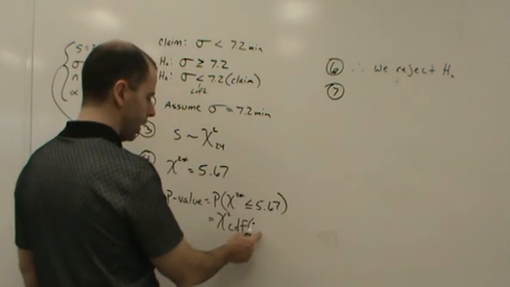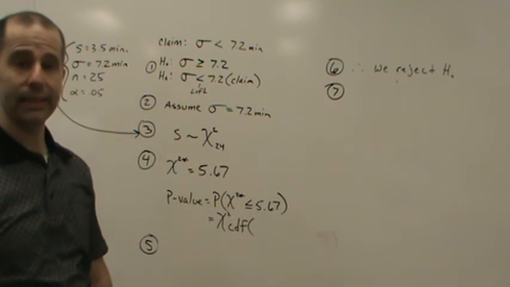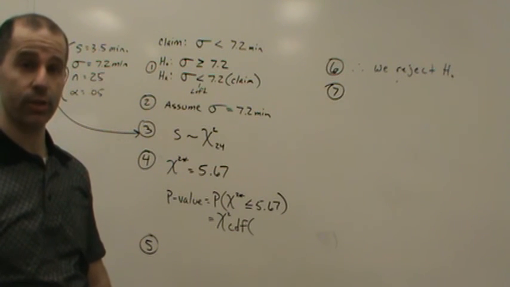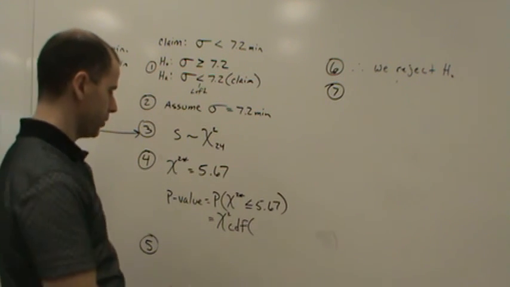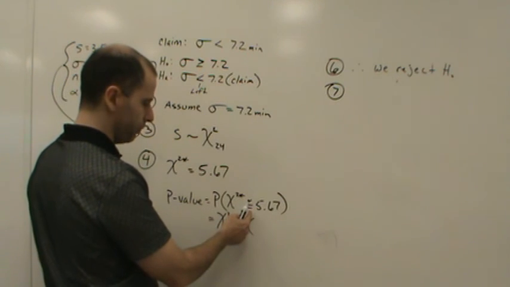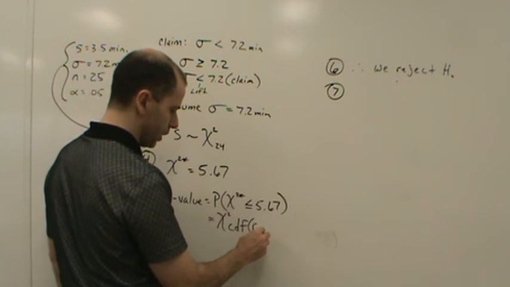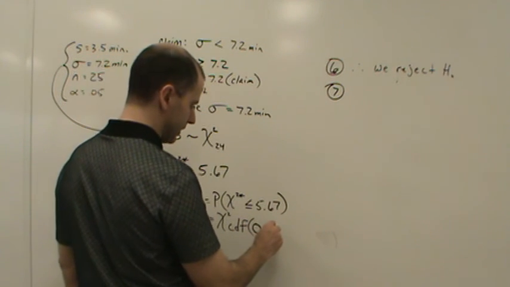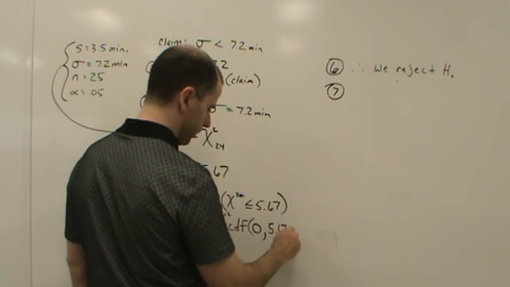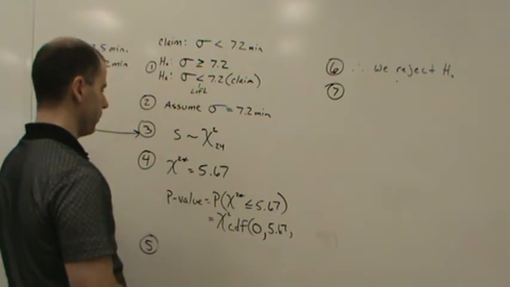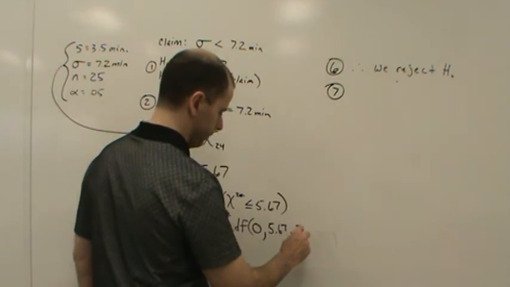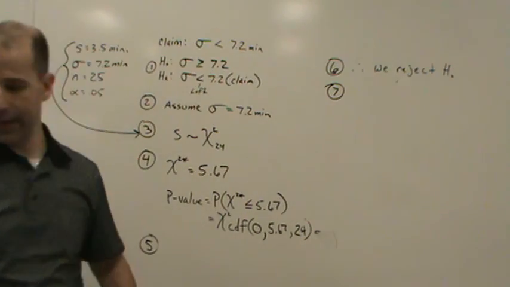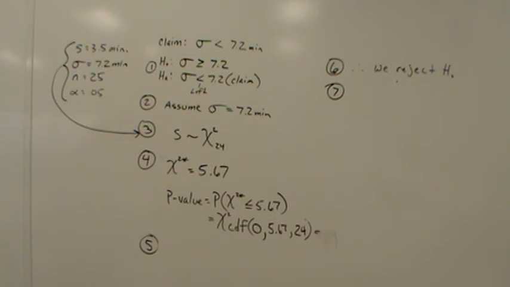In this case, what is the lower bound? It's a chi-squared distribution. What's the minimum value you can have on a chi-squared distribution? 0. So since it's less than or equal to, the lowest value is 0. The upper bound is 5.67, and the degrees of freedom is 24. So what is the p-value? Let's find out.